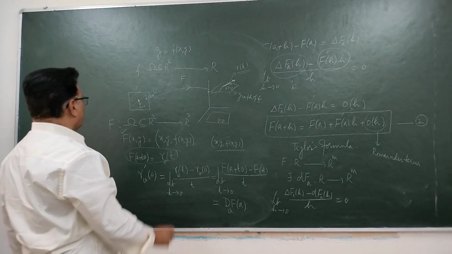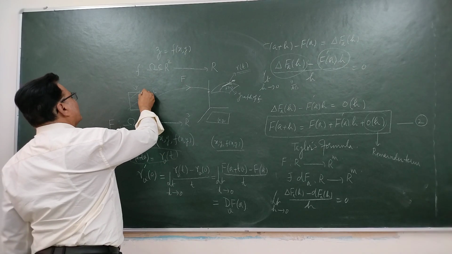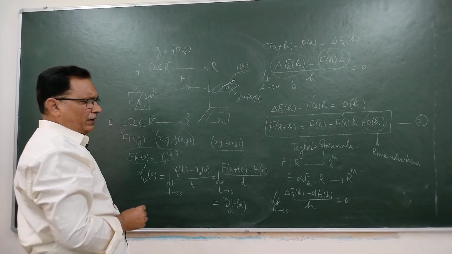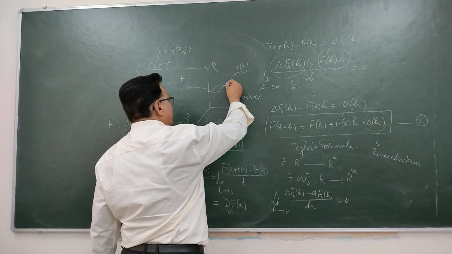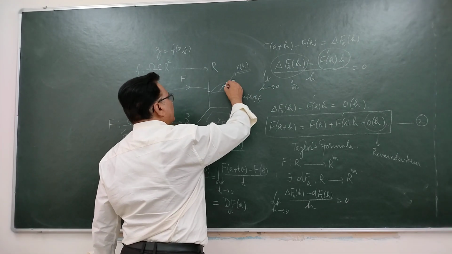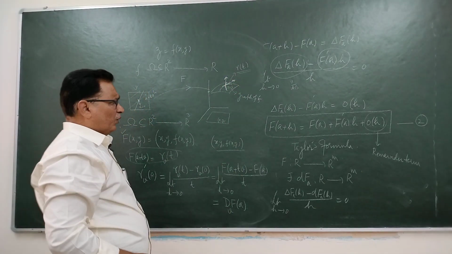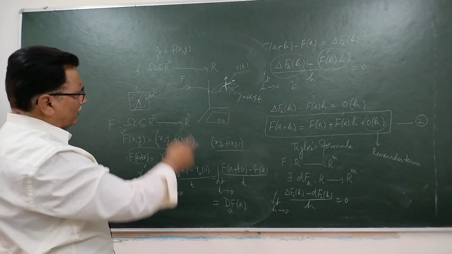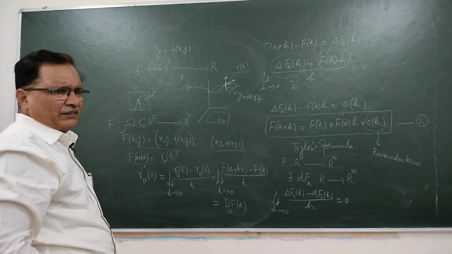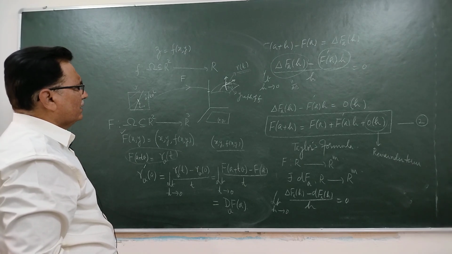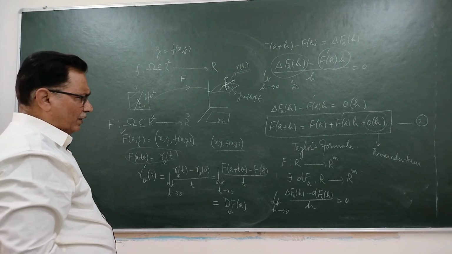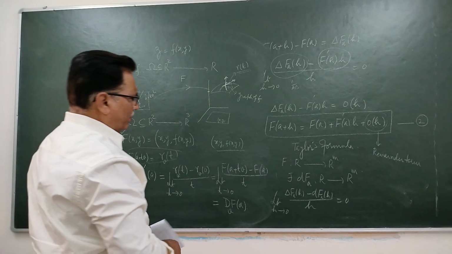Okay, so what you do, you go on drawing several other lines also passing through a. Every time you will be getting some curve, and every time you can draw a tangent vector. What we expect is that the totality of all these tangent vectors will generate the tangent plane. Why are we interested in the tangent plane?